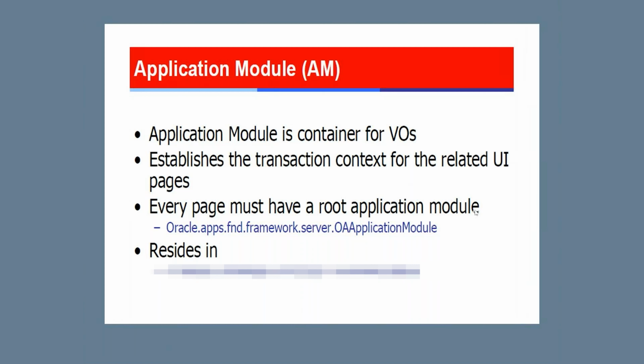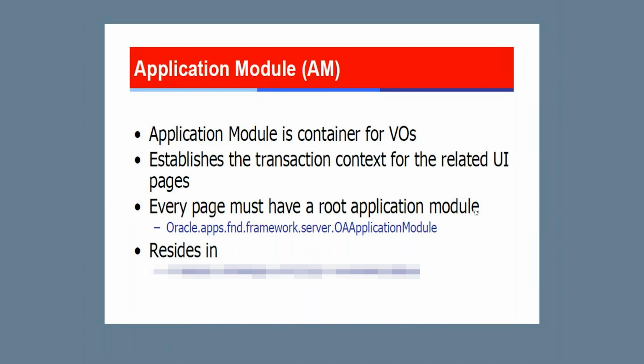Only that will be taken by the framework for establishing the context. We said the application module is responsible for creating the context, right? If 10 application modules created 10 different contexts, it wouldn't work. Session problems would happen. There will be conflicts.